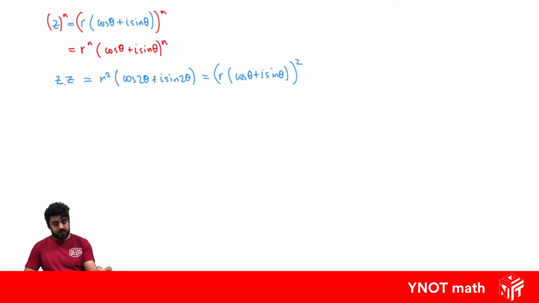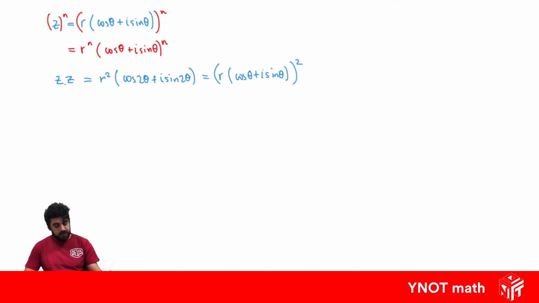So just from this example here, when we multiply two identical complex numbers together, it looks like when we have a complex number raised to the power of 2, all we have to do is raise the modulus to that power and multiply the argument by that power. So let's go ahead and see if we can prove that true for all values of n. And we're going to use mathematical induction to do that.